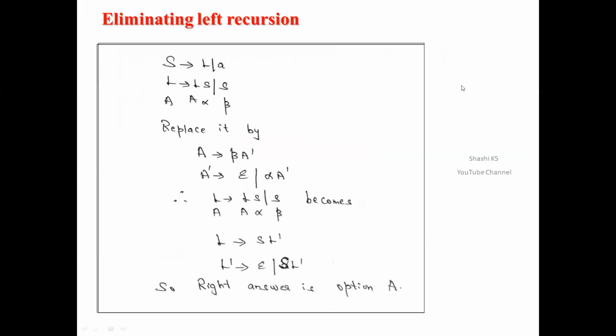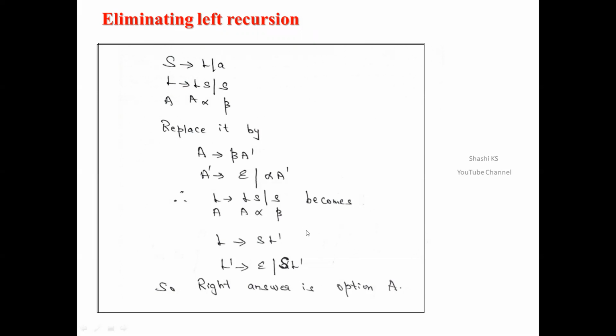Now applying this to our question. The grammar given here is S derives L or A, and L derives LS or S. So here we have L derives LS, where we have left recursion. Considering L as A, LS as A alpha, and S as beta, to eliminate left recursion we apply A derives beta A dash and A dash derives alpha A dash or epsilon.